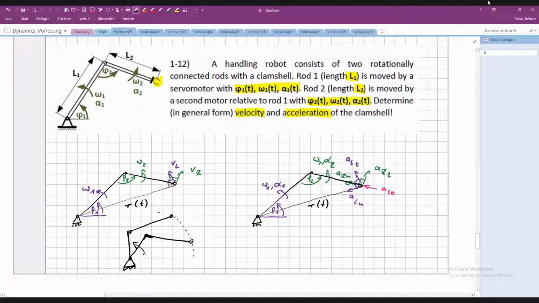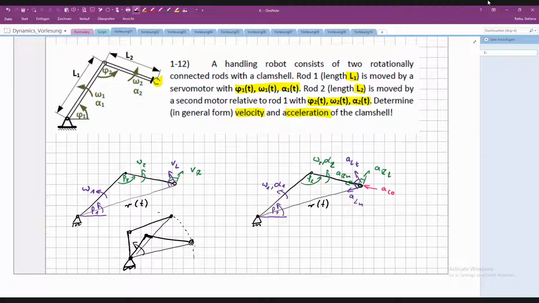And then this is the radius of the circular path and not this. So we have to use the distance from our hinge support to the clamshell as the radius of the circle, and then the direction of velocity and acceleration follow from that.